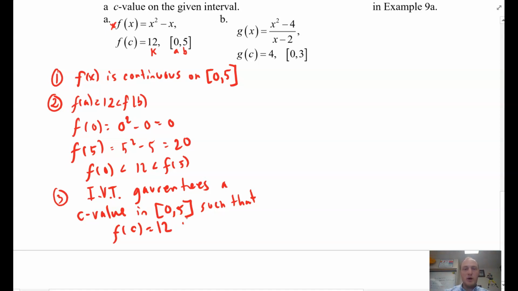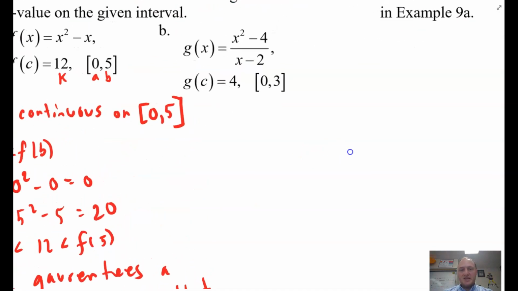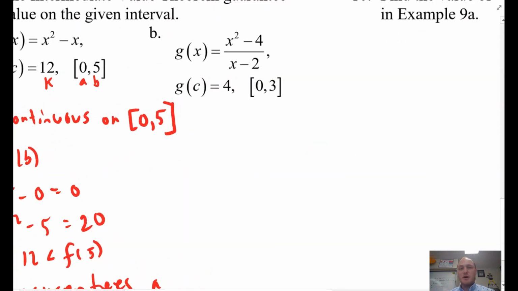Example B says g of x is equal to x squared minus 4 over x minus 2. Since this is a rational function, we have to be aware that our denominator does not go to 0. So we are going to factor this.